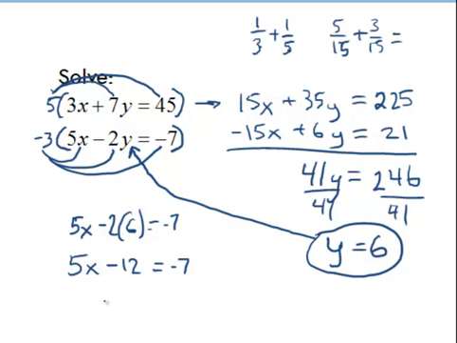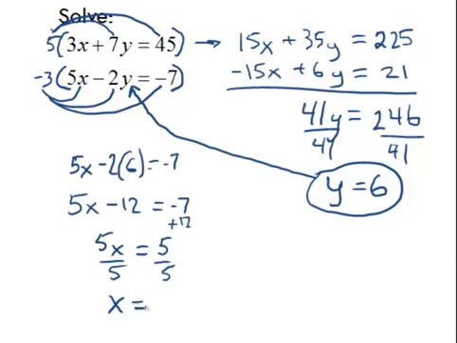And adding 12 to both sides, we get that 5x equals a positive 12 and a negative 7 adds up to 5. And so it looks like x is a nice number, 1. To know for sure if this works, remember you could always test it. Plug a 1 in for x everywhere you see an x, plug a 6 in for y everywhere you see a y, and it needs to make the equations true.